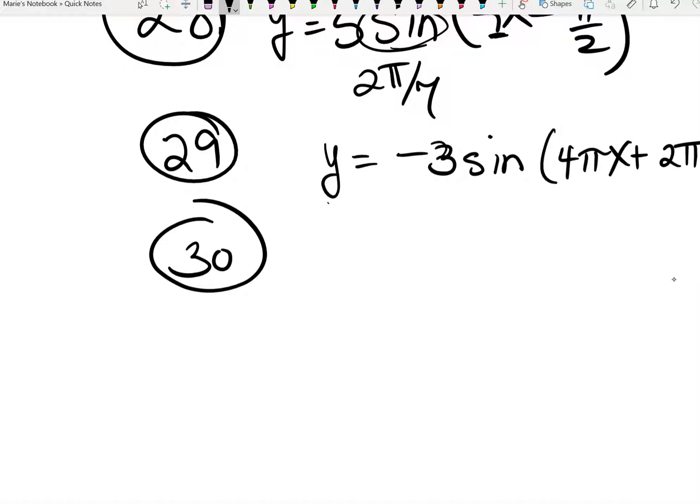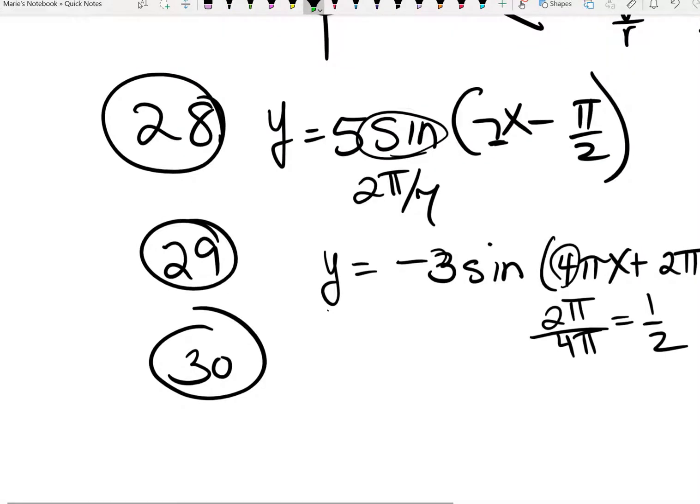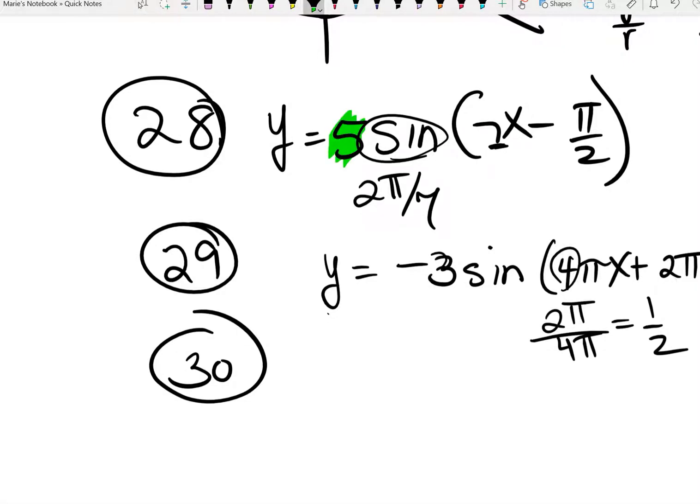And we divided by this number, so I get 2 pi over 4 pi, I get 1/2. These both ask for period. Just remember the amplitude is the number in front of the function.